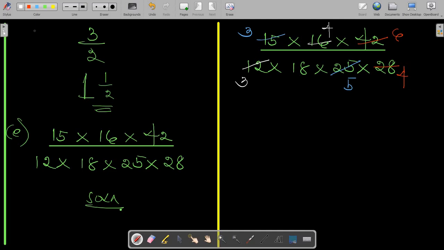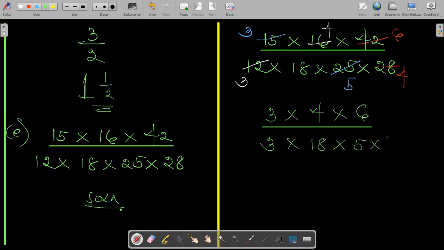Now let me rewrite those values in order not to make it look dirty. So let's go. I will have it to be 3 times 4 times 6, then to divide 3 times 18 times 5 and the 4.